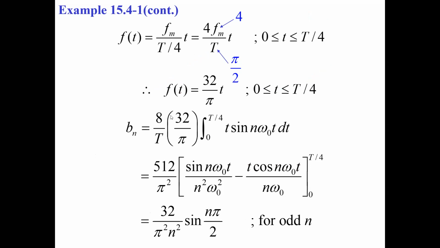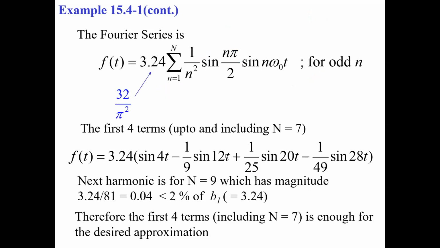Okay, so 32 Fm by pi squared n squared. So the value of bn for odd n, so the Fourier series is this one. If you put the value of this, do the calculation for the first four terms up to n equal to 7. The next harmonic is for n equal to 9, which has magnitude, so it will change.